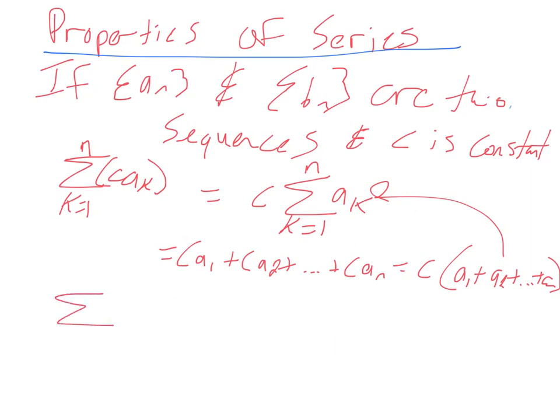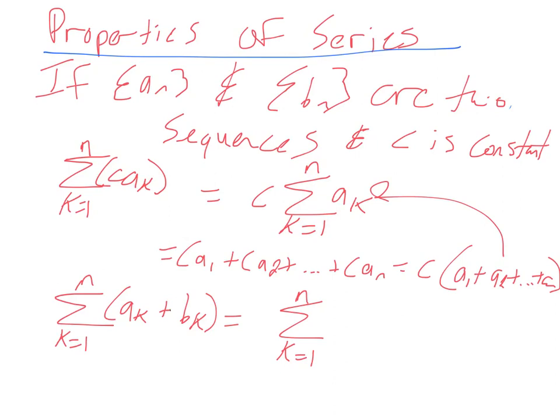Another property of sequences: if we have k equals 1 to n, and we have the sum of two separate sequences, a sub k plus b sub k, we can just break that apart. You could do that proof relatively easily as well. Just think about the fact that you're adding two sequences together.